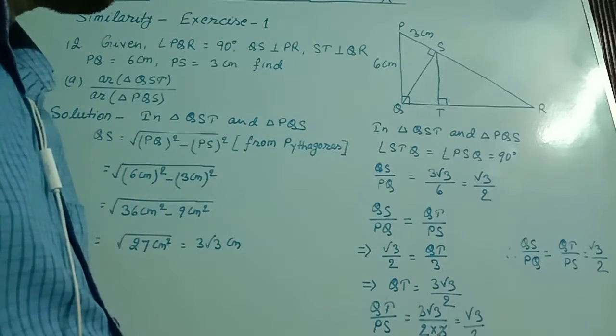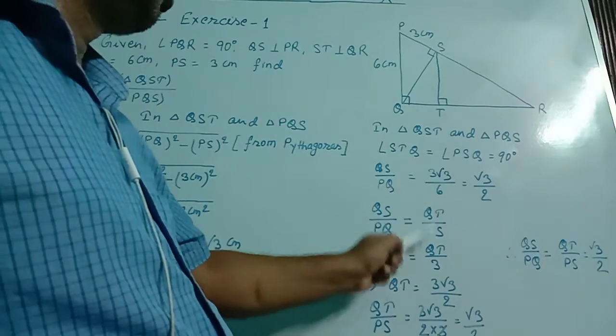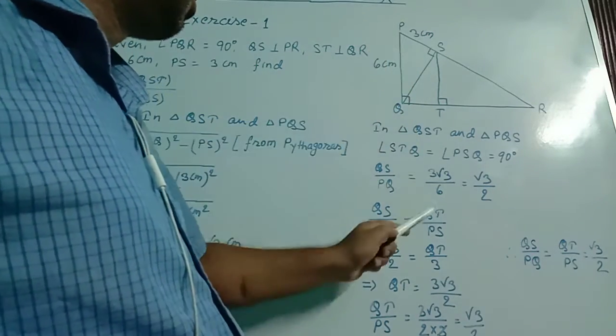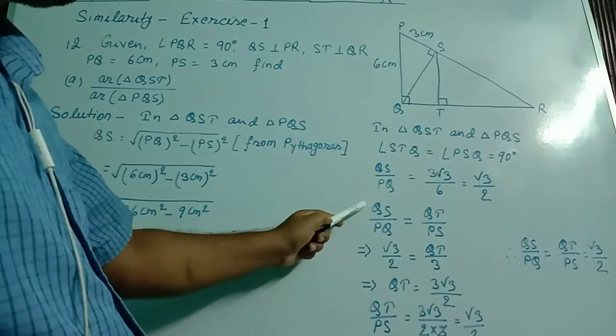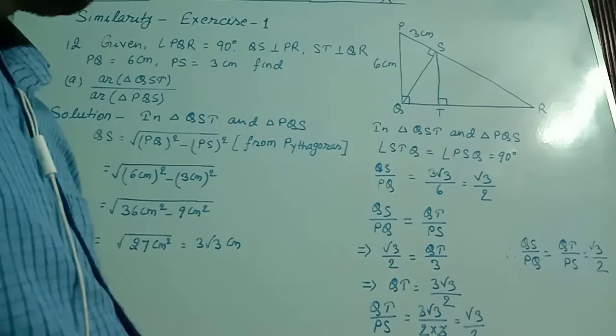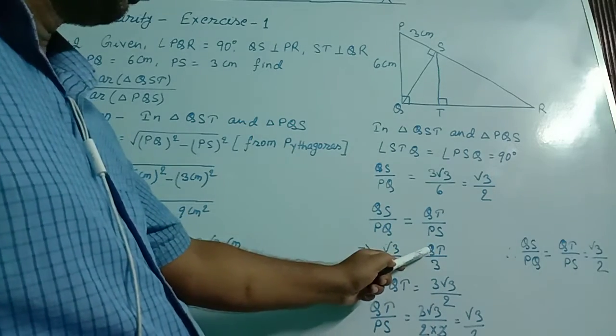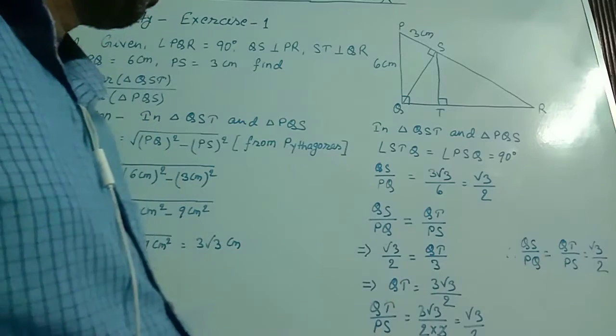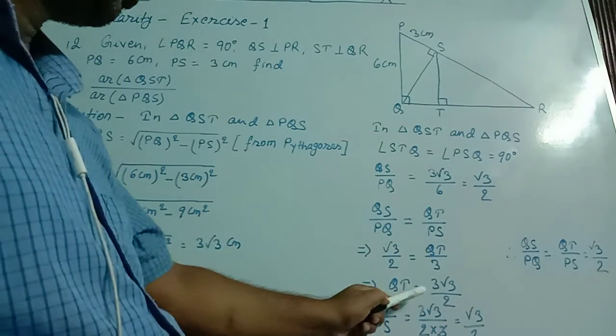QS by PQ I wrote, that should be equal to QT by PS. QT is the base and here PS is the base. So the value of QS by PQ, root 3 by 2, I kept here. QT we have to find and PS is 3 centimeter.